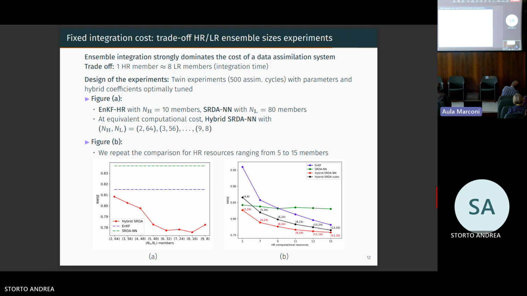So actually, we realized that the downscaling method allows, to some extent, to correct the position of the eddies, for example.